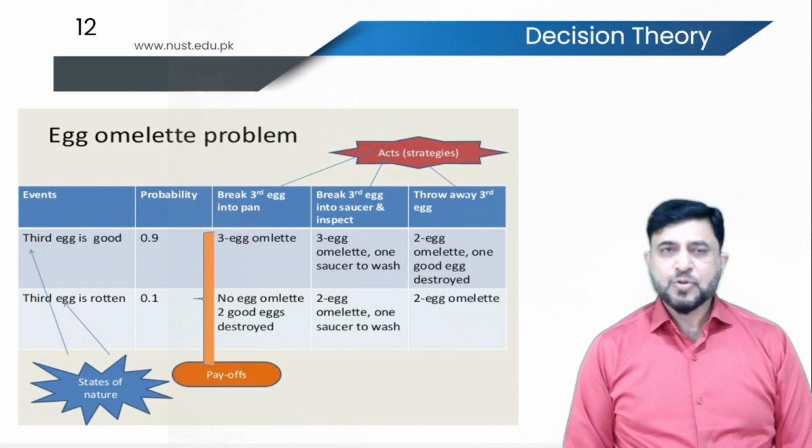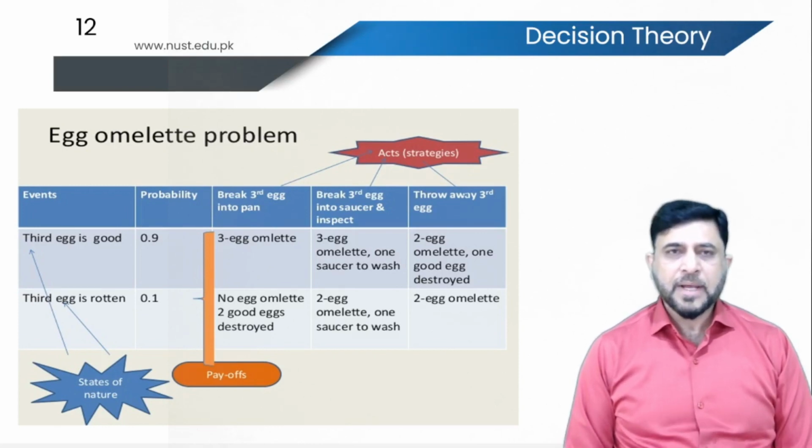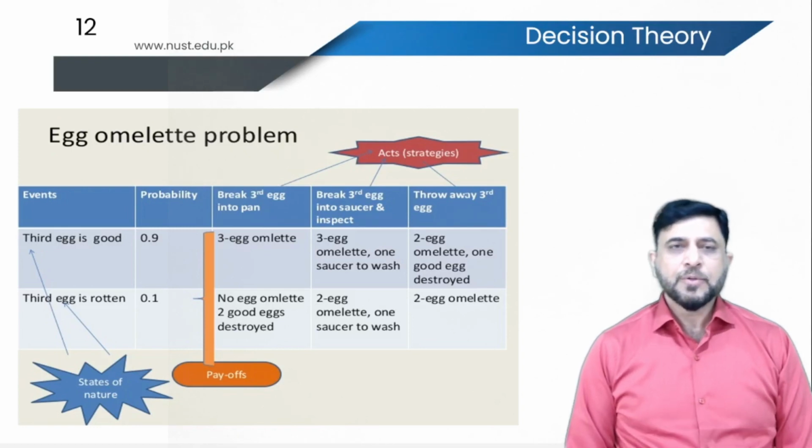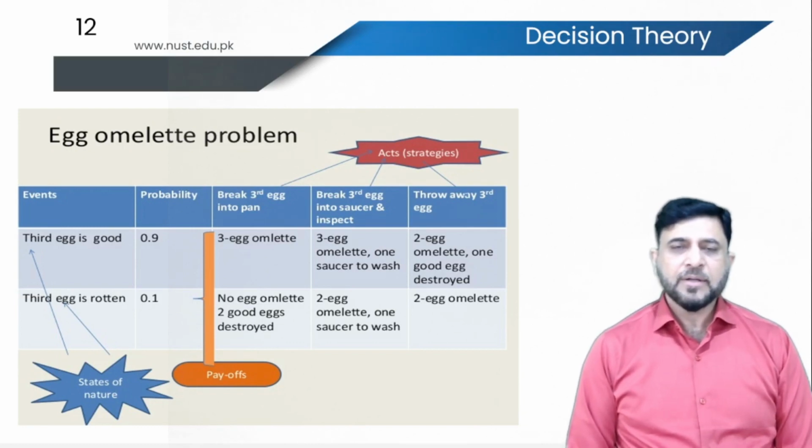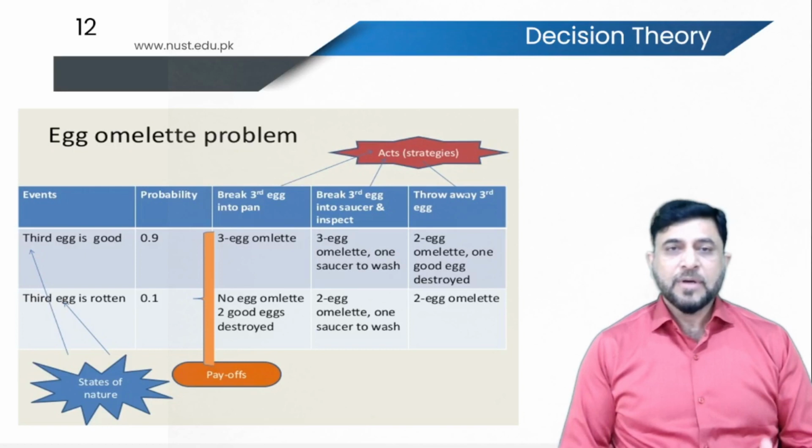If the third egg is good and you have broken the third egg into the pan, you end up with a 3-egg omelette. It is good, very nice. Then, if you have broken the third egg into the saucer, again you will get a 3-egg omelette, but you have to wash 1 additional saucer, isn't it?